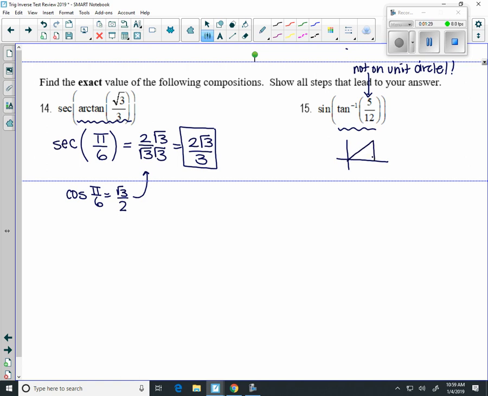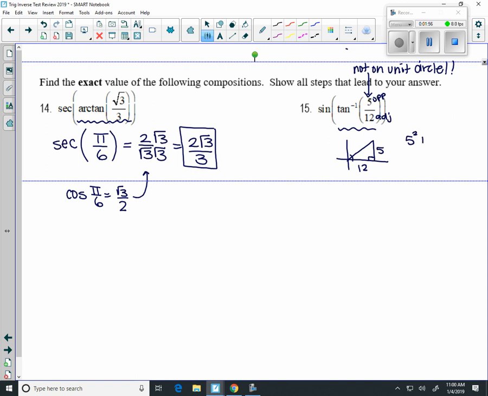My triangle always has a right angle on the x-axis and has that little internal angle like our unit circle angles. And then tangent is opposite over adjacent. And in order to find sine of this triangle, sine is opposite over hypotenuse, so I need to find the hypotenuse.